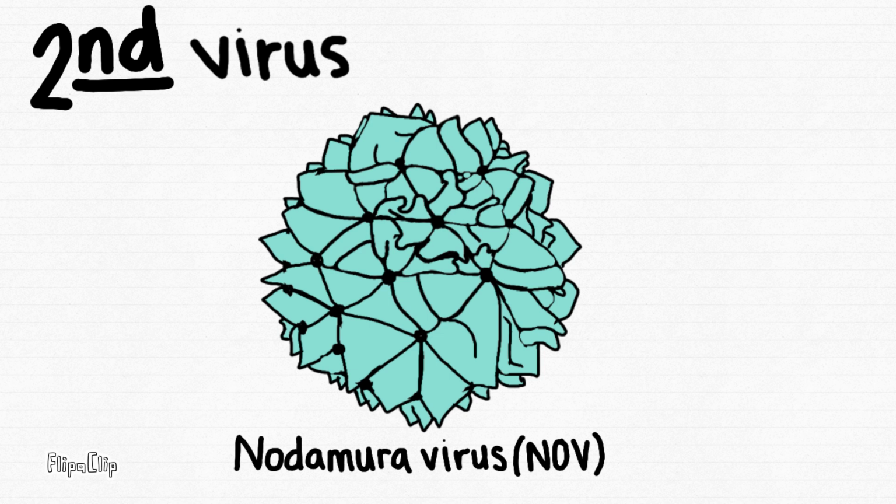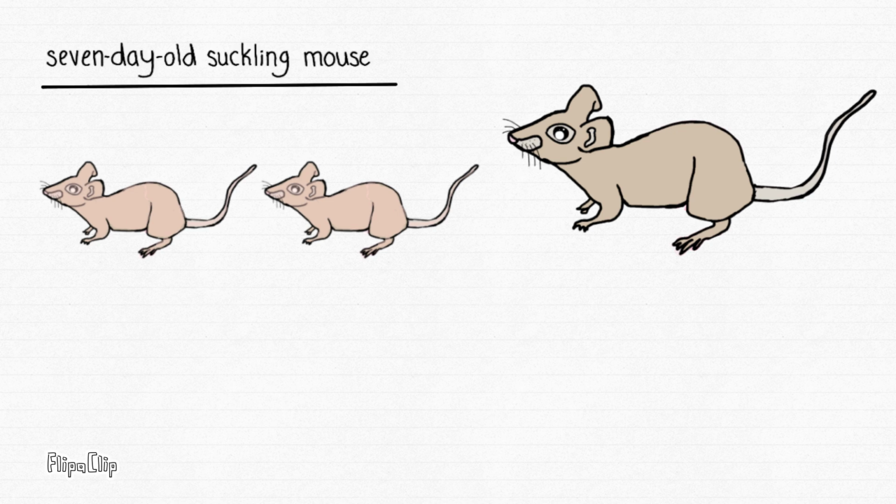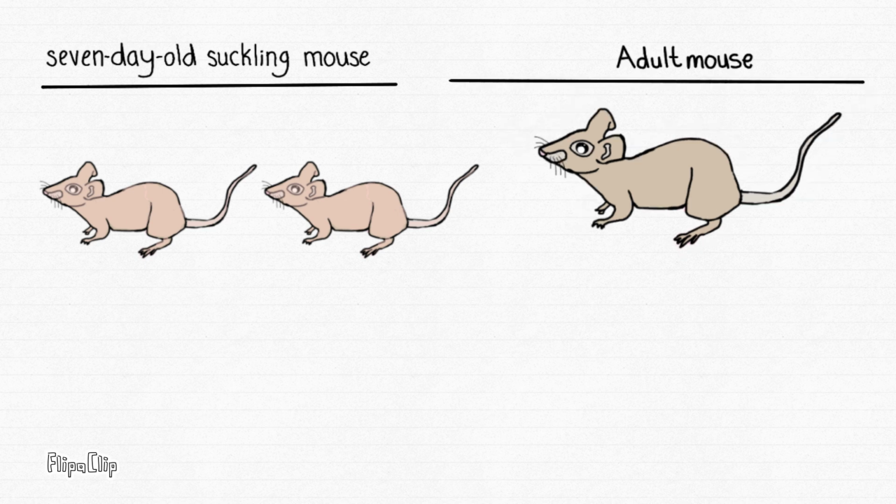Let's have 3 mice, and 2 of these mice are 7-day-old suckling mice, and you have 1 adult mouse. Now, for the 7-day-old suckling mice, you have NoV delta B2, which is a Nodamura virus without the B2 protein, and you have NoV mutant B2, which is a mutation in the B2 protein.